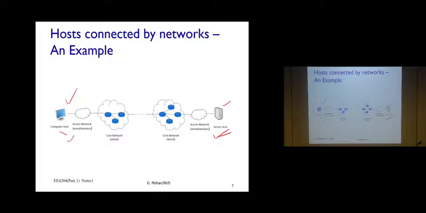We also now tend to upload more data in the form of more video clips, pictures, images, high definition videos. That means we are also trying to send more from one side to the other side. And you can see that this host is connected to an access network.